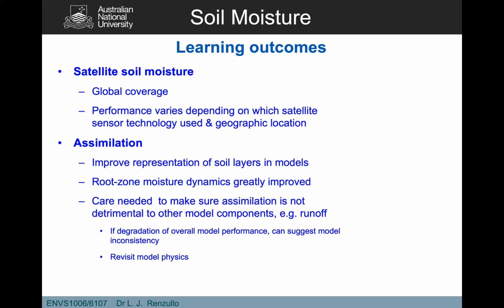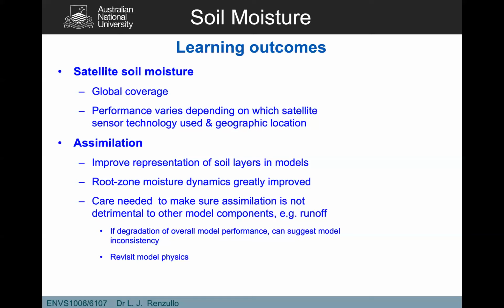That root zone moisture will then be beneficial to farmers looking at where there may be deficiencies and where they might need to target water resources. Also, by linking root zone moisture dynamics to vegetation response, you can anticipate your harvest or yield predictions, how much biomass will be generated.